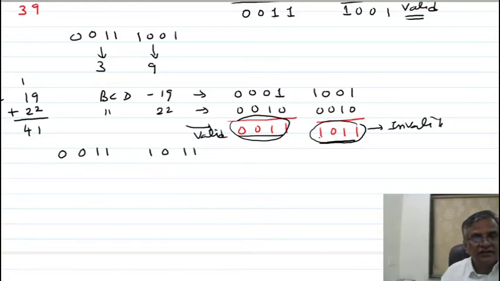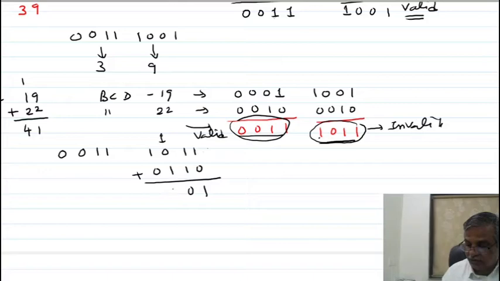So for this invalid one, I am adding 0, 1, 1, 0. 1 plus 0 is 1, 1 plus 1 is 0 carries 1, 1 plus 1 is 0 carries 1, 1 plus 1 is 0 and carries 1 here.